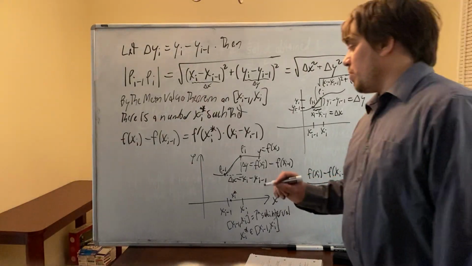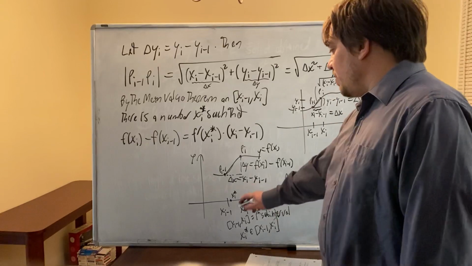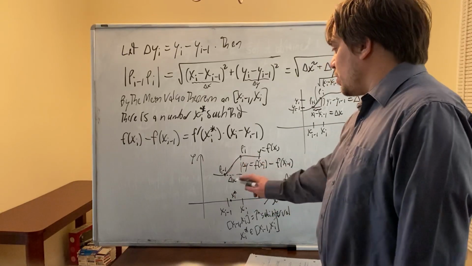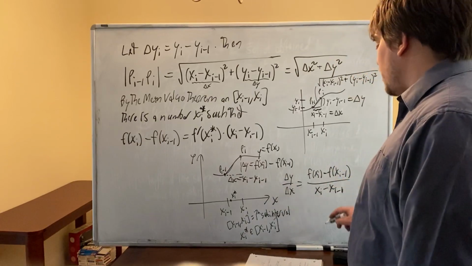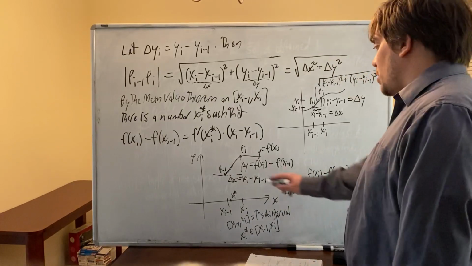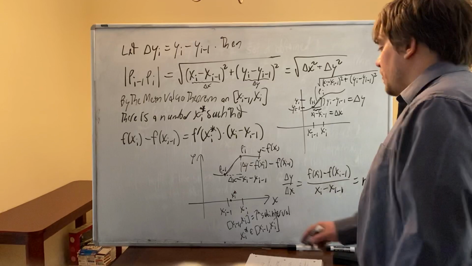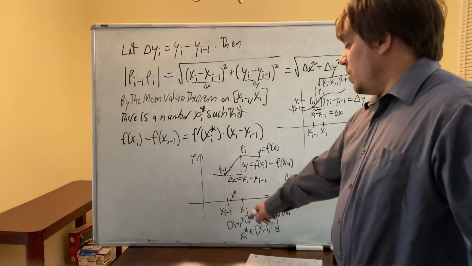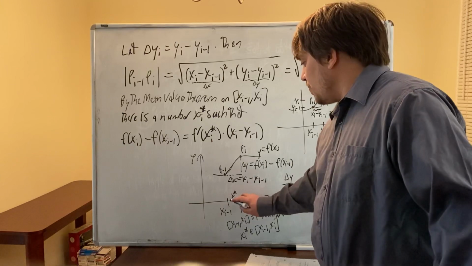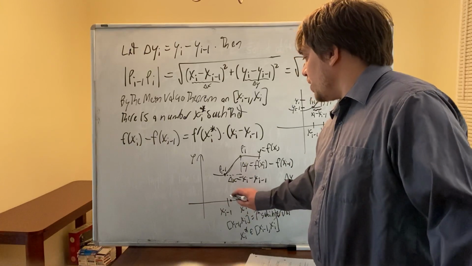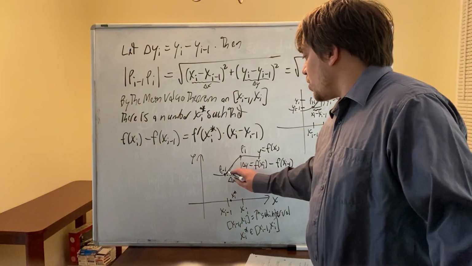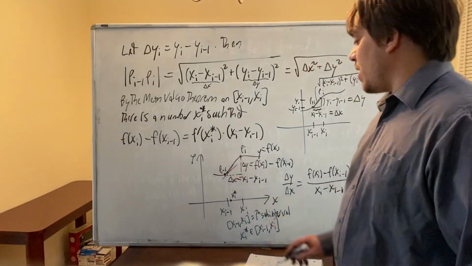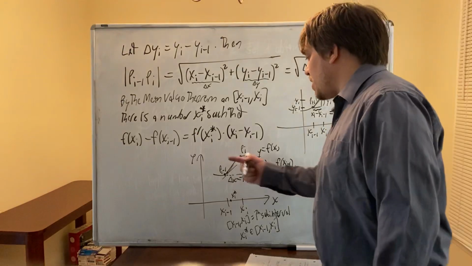The mean value theorem says that given this situation, the slope of this line segment connecting those 2 points, which is this divided by this, right? The slope of that line segment, m. There's some point you can choose here so that the derivative, that is, the slope of the tangent line to the graph at that point above that x value, is the same as the slope of that.